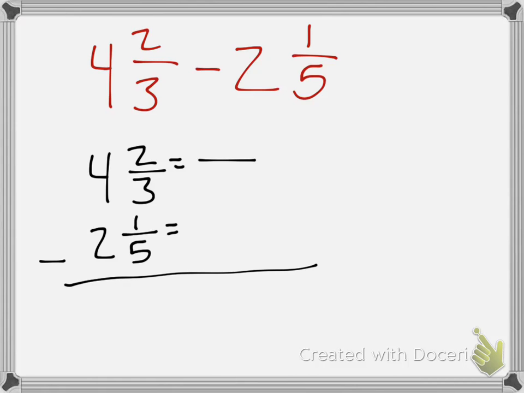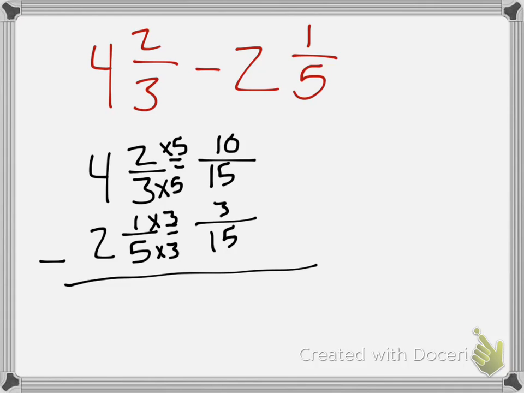What's it going to be? Think of this in your head. You should be thinking the common denominator is 15, because 3 times 5 is 15. Now I ask myself, how did I get that? 3 times 5. So I'm going to multiply the top by 5 and get 10. 5 times 3, multiply the top by 3. It's going to give me 3.